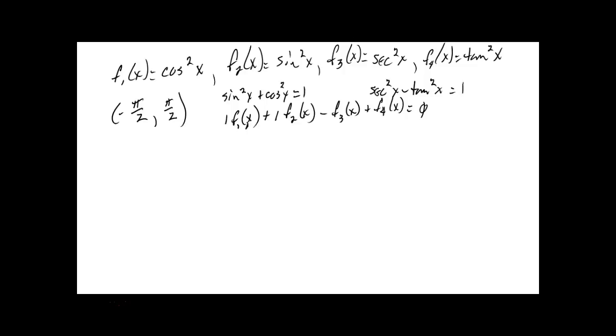4 coefficients, not all of them are equal to 0. 1, 1, minus 1, 1. None of them are equal to 0, in fact. And you can make the sum equal to 0. So that's a linearly dependent set, because you can come up with 4 coefficients, 1, 1, minus 1, and 1, to add to 0.